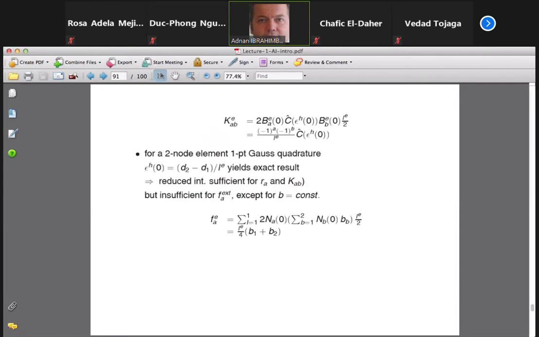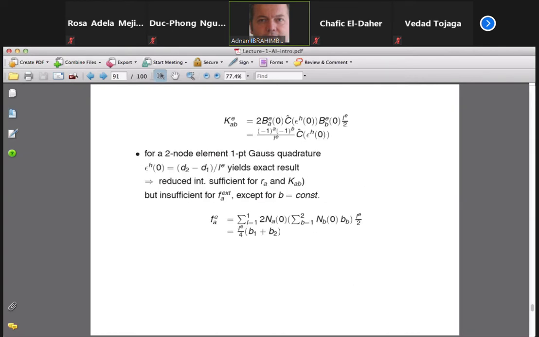If you take the same single Gauss point for the internal force and for the stiffness, you should get an exact result. However, if you take a single Gauss point for numerical integration of your loading, you should have a wrong result, especially if the loading is linear, unless it's constant, in which case this would be fine. But for this example, this was constant, so it should be fine.